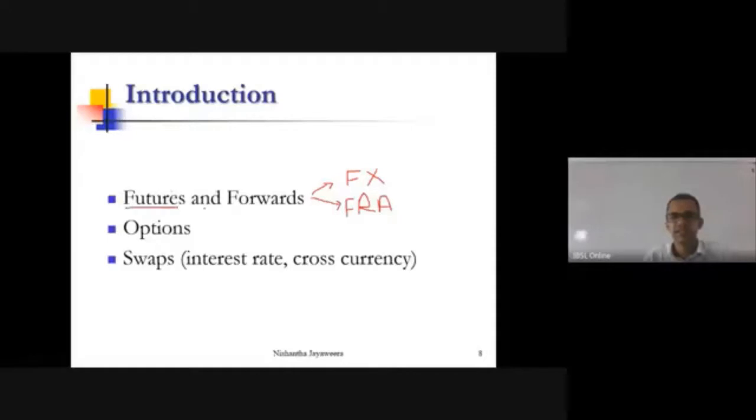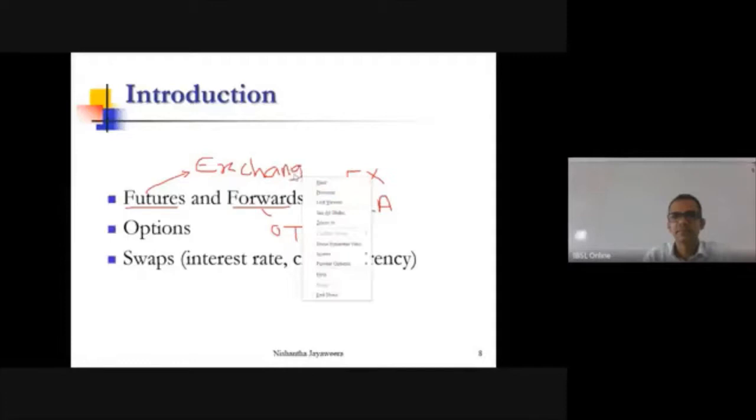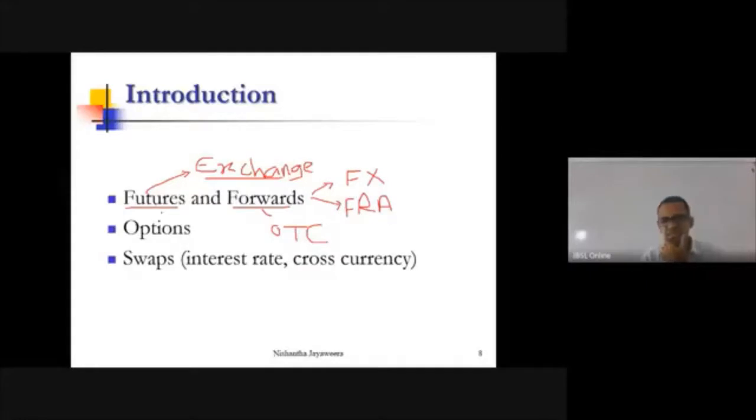Futures, again, are very similar to forward transactions, but the only thing is forwards are over the counter transactions, whereas futures are exchange traded products. So that's the main difference between futures and forwards.